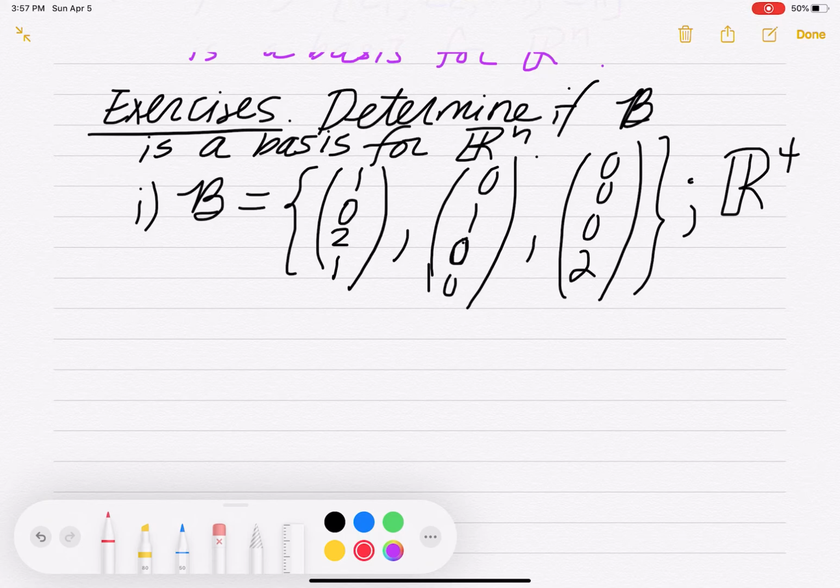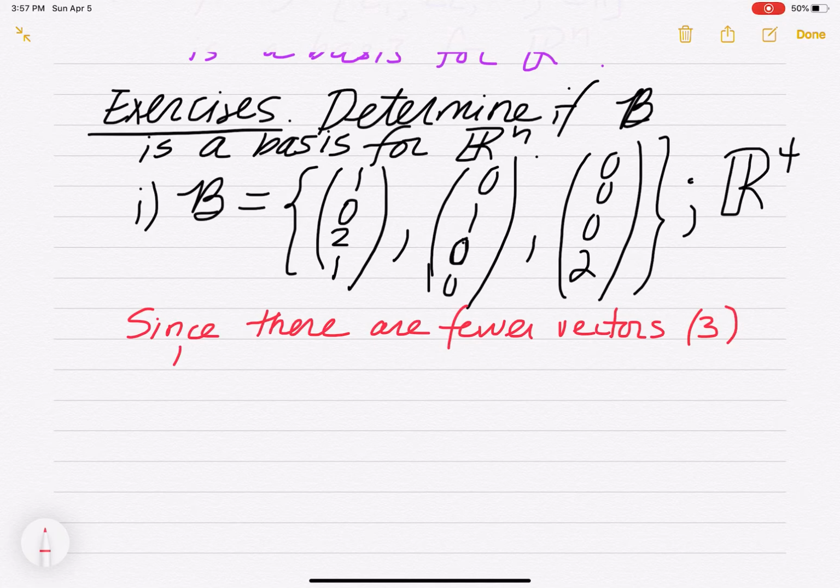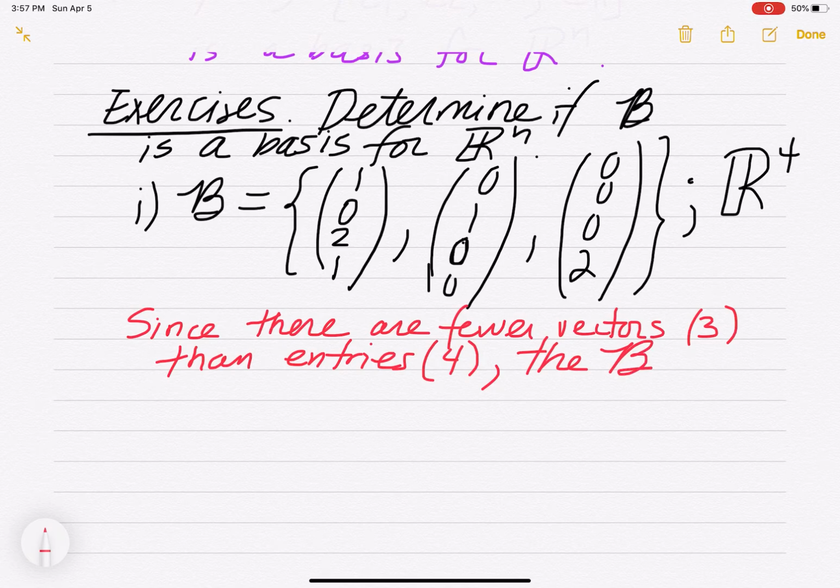So since there are fewer vectors, only 3 vectors, than entries, 4 entries per vector, B does not span R4.